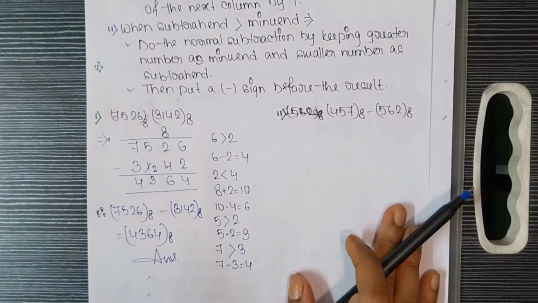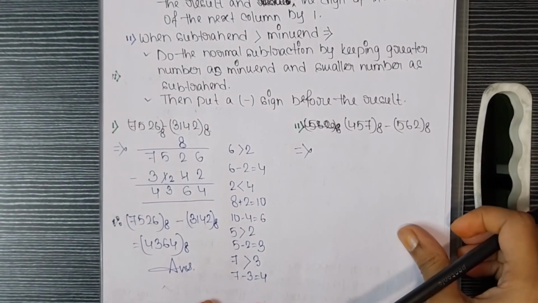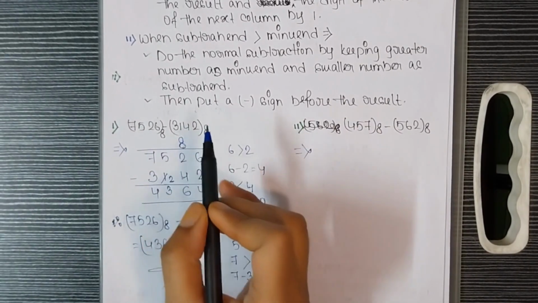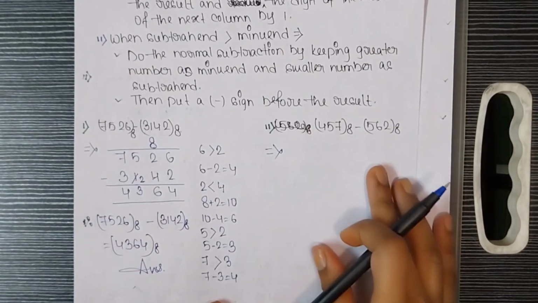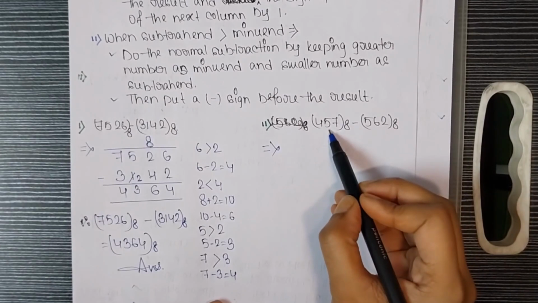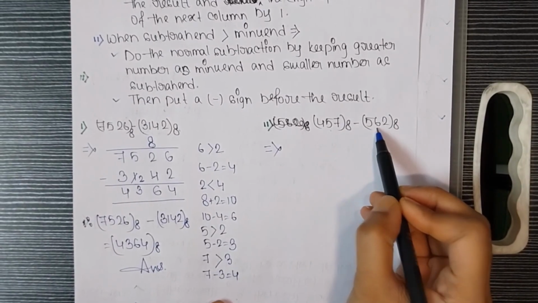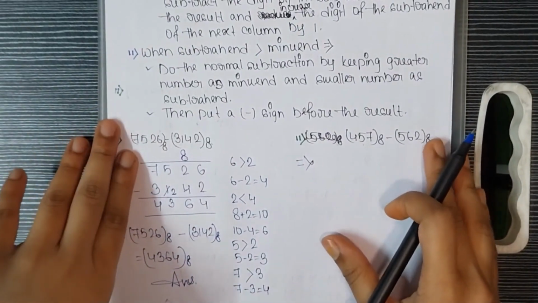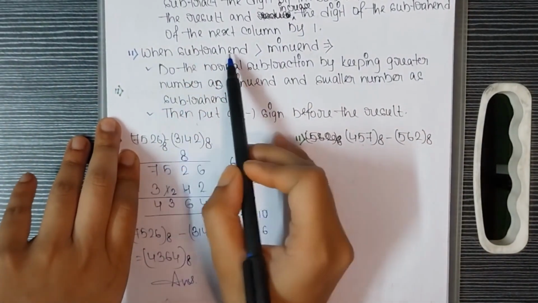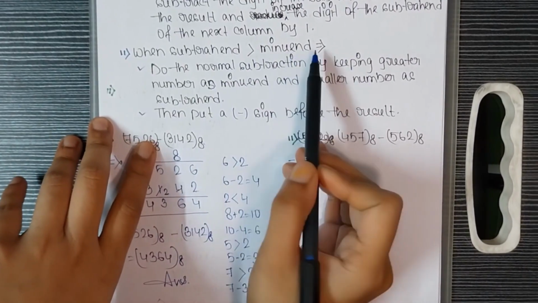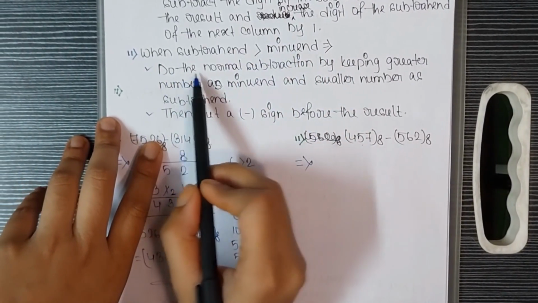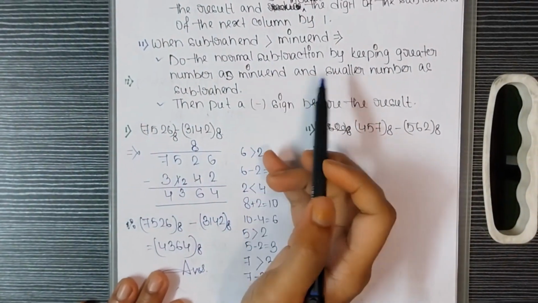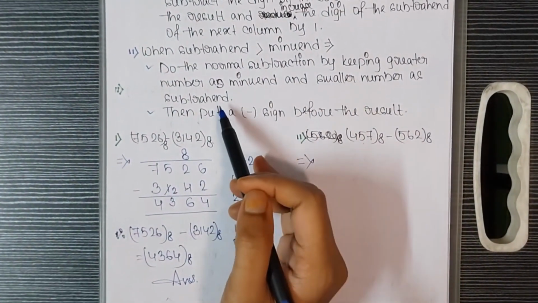Let's see another example. In the previous example, we saw that the minuend is greater than the subtrahend. But in this case, we can see that the minuend is less than the subtrahend. For this also we have a rule: when the subtrahend is greater than the minuend, do the normal subtraction by keeping the greater number as minuend and the smaller number as subtrahend.